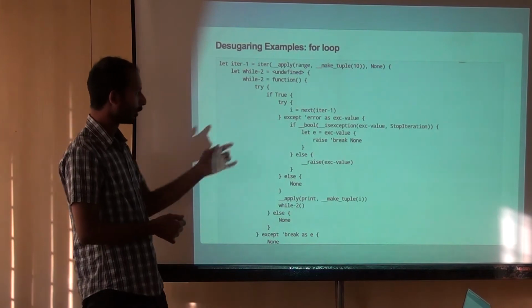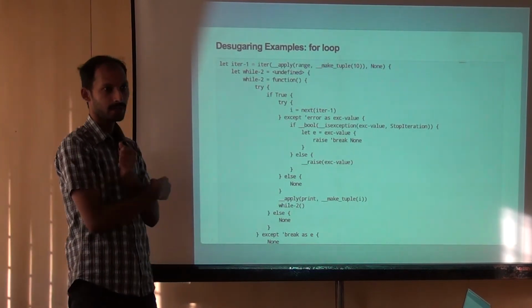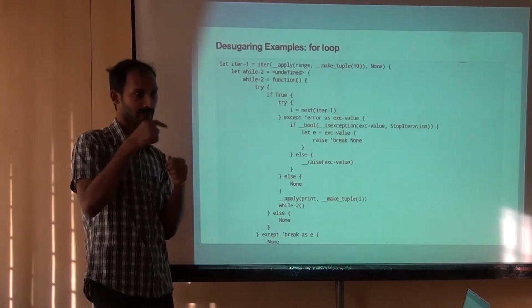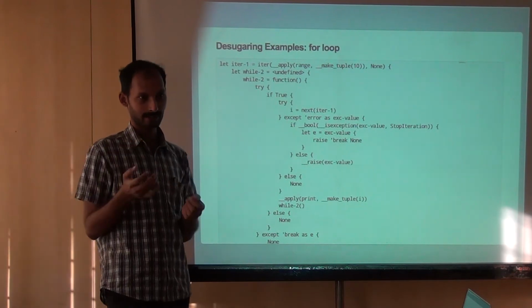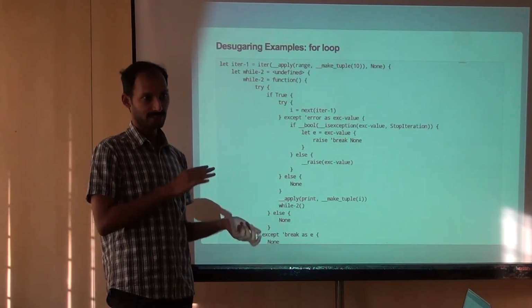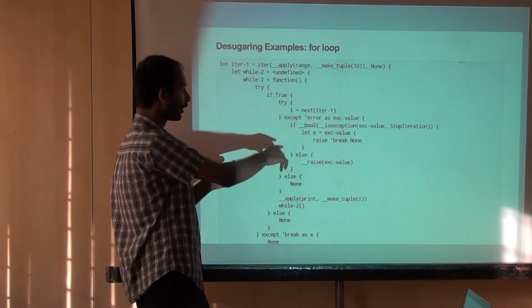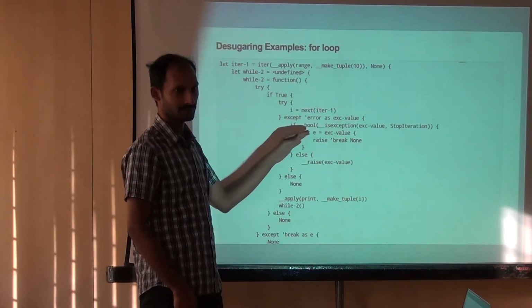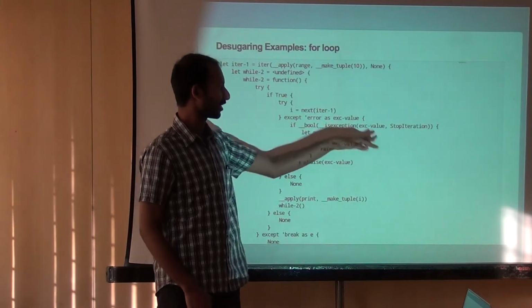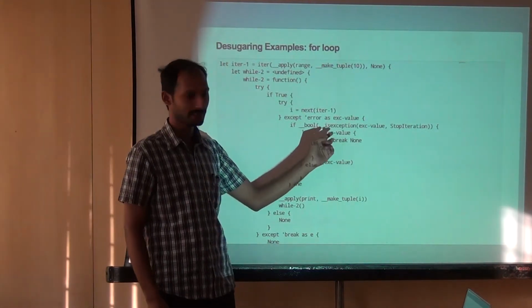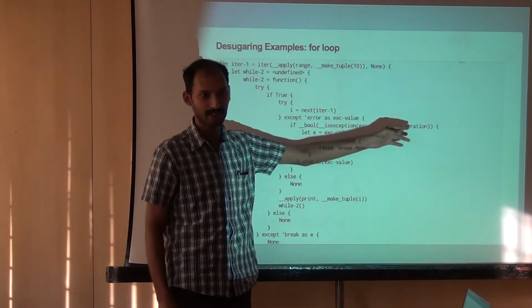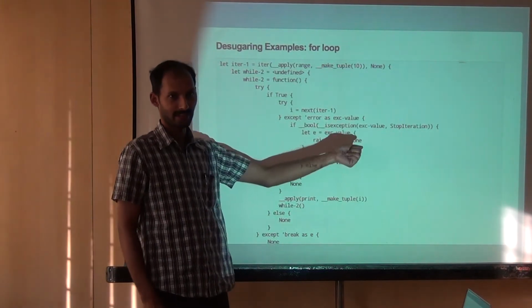Now, what is this piece doing? In Python's try and except, you can specify what class of exception you want to handle. Since the core language doesn't know that, we have to write code to actually do that. So if underscore bool is basically converted to boolean. If this exception is of this type, I have a built-in function is exception, which takes the exception and the type, and tells you whether it is of that type.